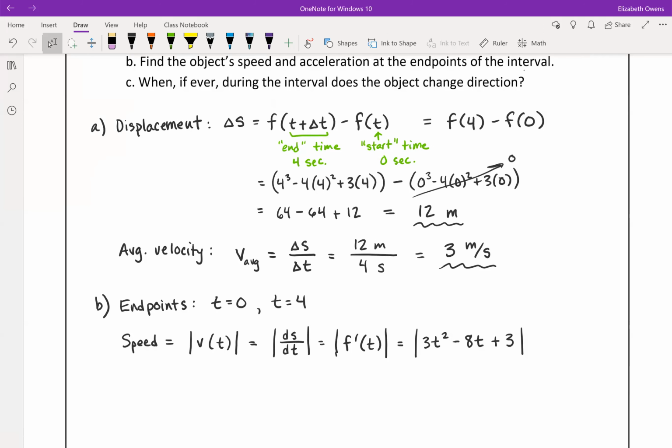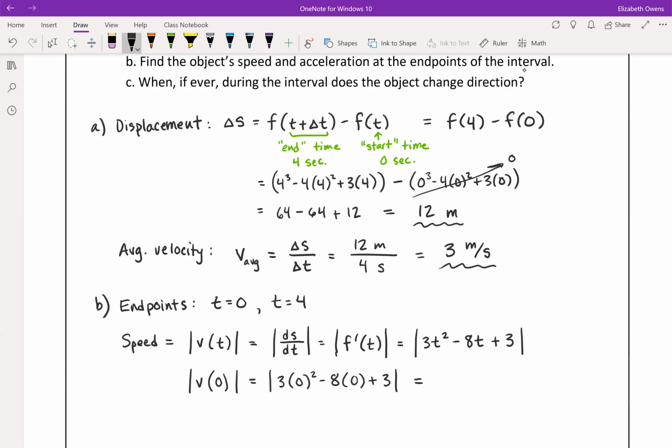So we can find the speed at our first endpoint, t equals 0. That would be absolute value of v of 0. So we're taking the absolute value of the velocity at that endpoint, and that would be plugging in 0. You can probably see what it's going to be because the numbers are nice.